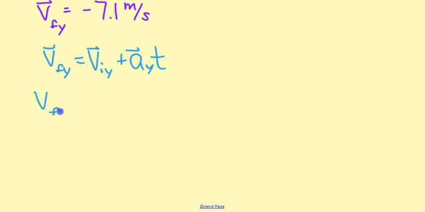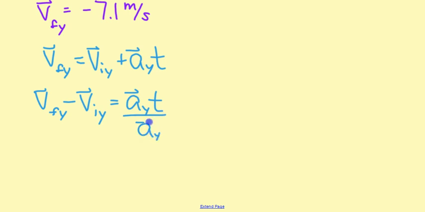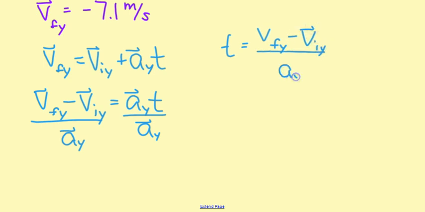I'll start by subtracting v initial y from both sides, and then I'll divide both sides by ay. So that time is equal to v final y minus v initial y divided by ay.